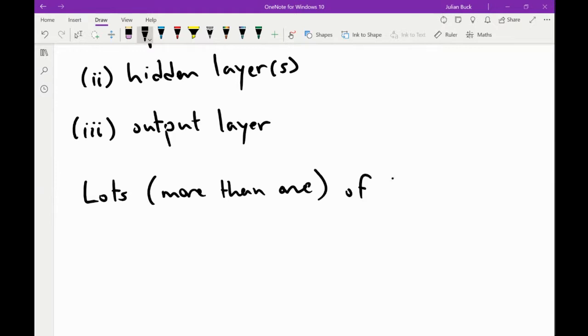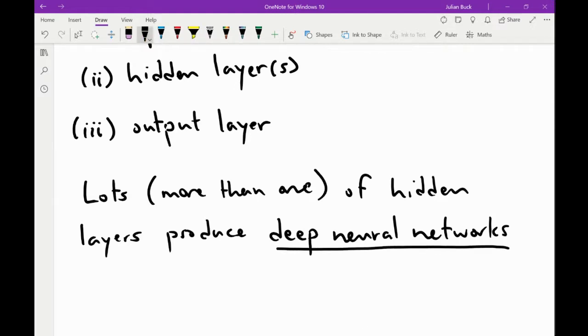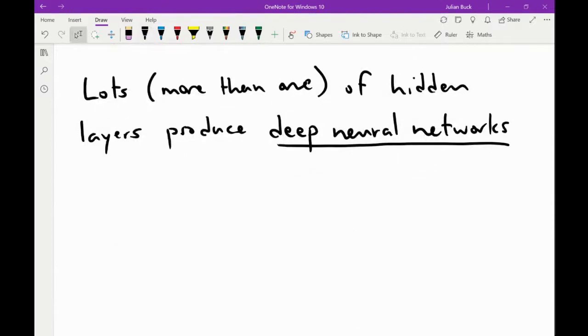So lots of hidden layers produce what we call deep neural networks. So formally, a deep neural network is one which has more than one hidden layer. Okay, that's all we're going to require for the definition.